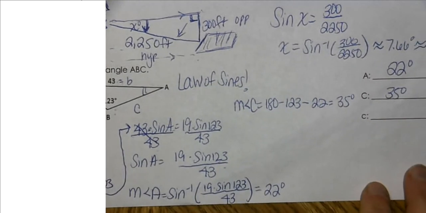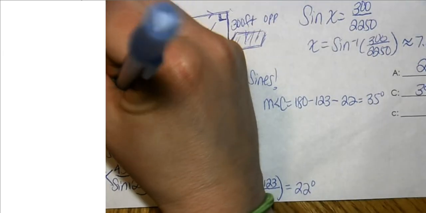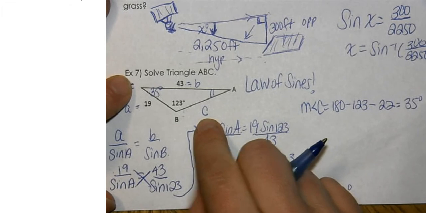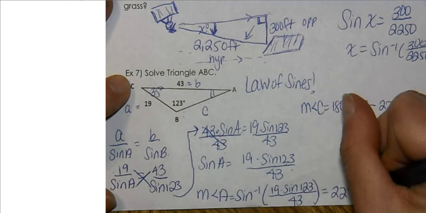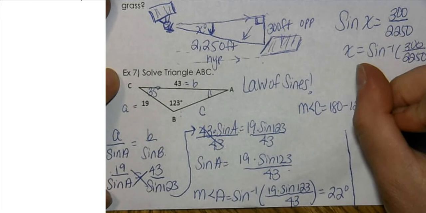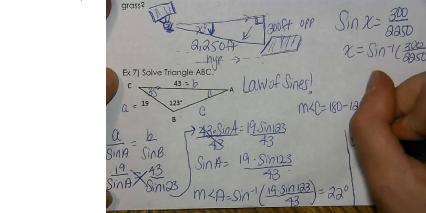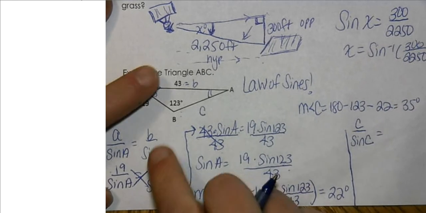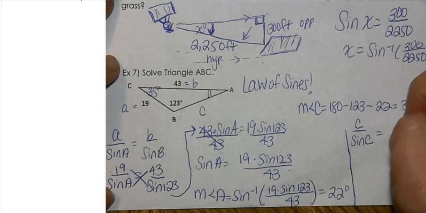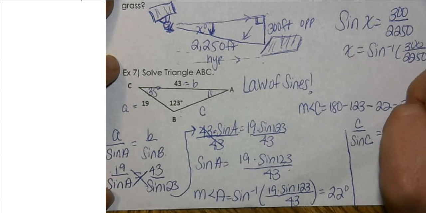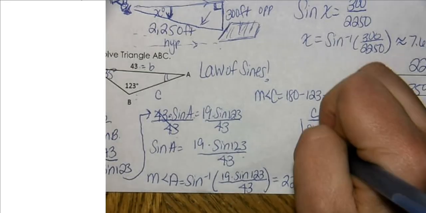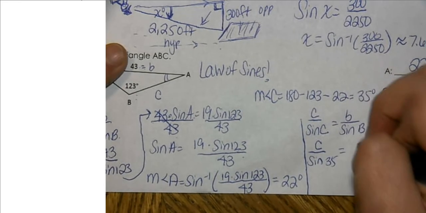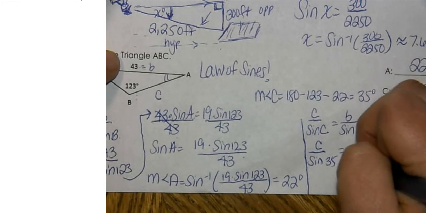So now that I know that the measure of angle C is 35 degrees, I can now find little c using, once again, the law of sines. Only this time I'm going to be working with little c divided by the sine of C equals, going back to working with the pieces that were given to me, little b divided by the sine of angle B. So little c divided by the sine of 35 is equal to little b, which is 43, divided by the sine of 123.